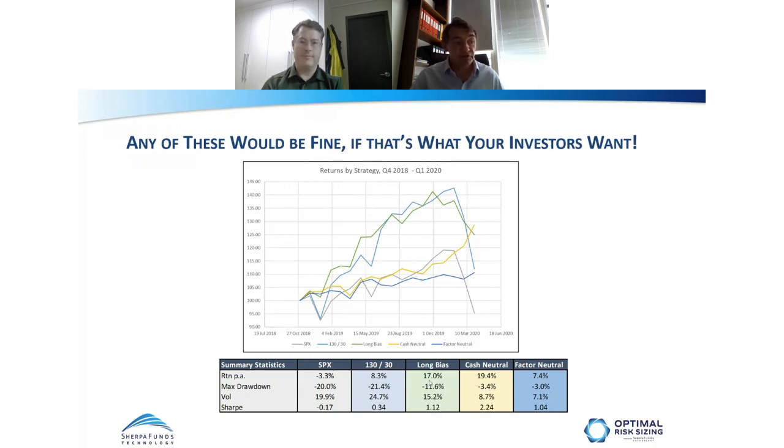If we've done the 150/50, the long bias, well, actually we're saying, listen, we've retained upside exposure. We've actually outperformed on upside exposure, even though we're only 50% long, and we've done all right on the downside as well. That's what we expected. The fully neutralized, the dark blue line here, we've given you what you wanted: very low drawdown, no extraneous factor risks. The one that stands out, of course, is the cash neutral.